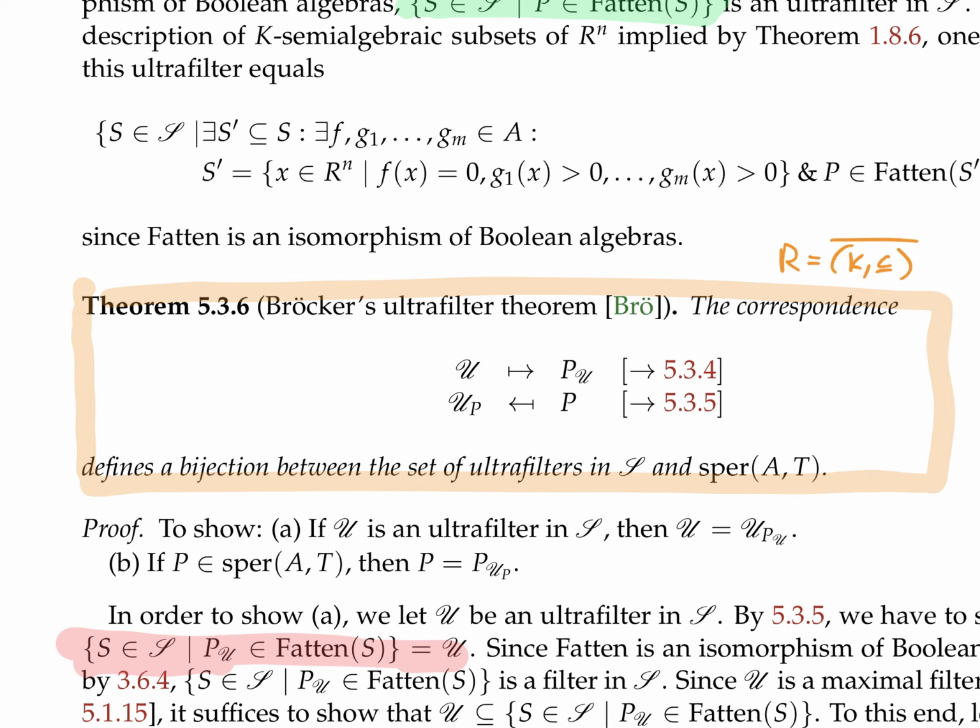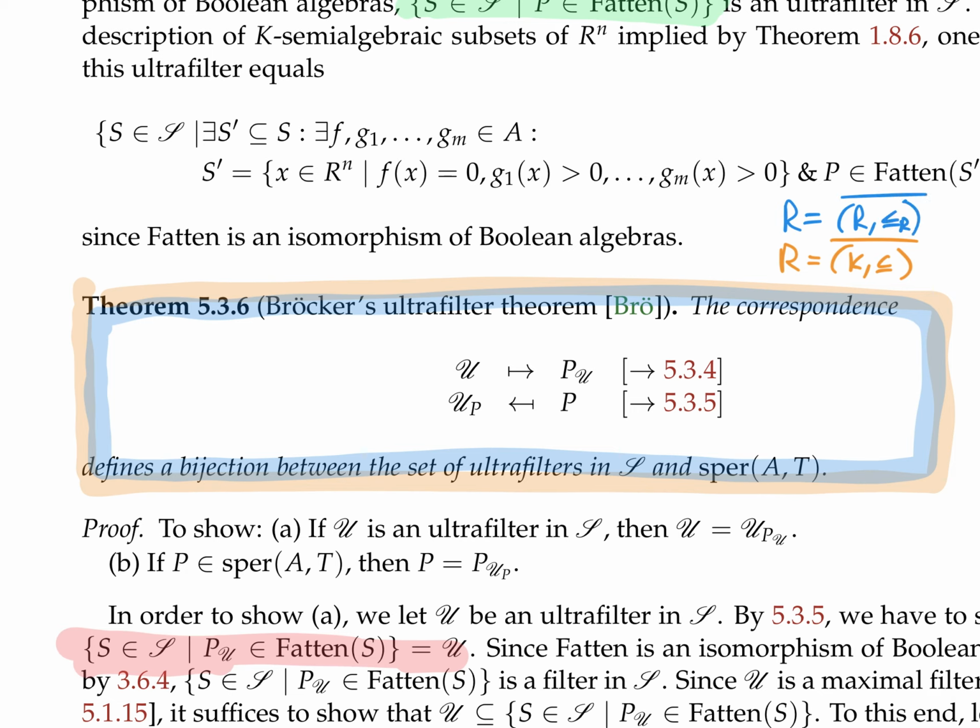But I could apply Brocker's ultrafilter theorem also in the situation, let's say this is a blue situation, where I take, instead of the ordered field k less than or equal, I take R less than or equal R, because this R is its own real closure, of course, right?